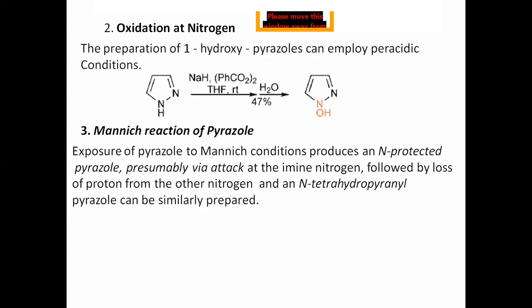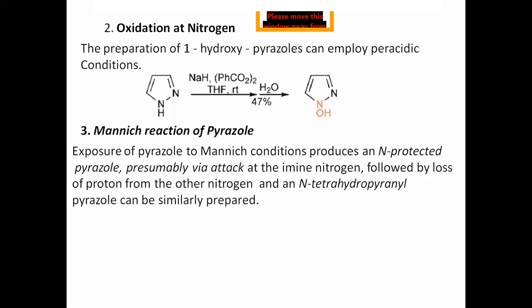When subjected to the Mannich reaction, we should know what the Mannich reaction is. It is a reaction between a compound having an active carbon or active methylene group, formaldehyde or any aldehyde which does not have an alpha hydrogen, and a primary or secondary amine. These three compounds combine to form the Mannich product, the Mannich base, in acidic condition.